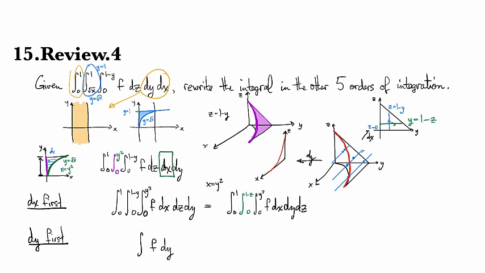Well, on the one hand I've got y plus z equals 1, the slanted plane on top, and on the other hand I've got y equals root x, and so I'm going to combine these together, and that'll give me root x plus z equals 1. So I might solve this as z equals 1 minus root x, or as x equals (1 minus z) quantity squared.